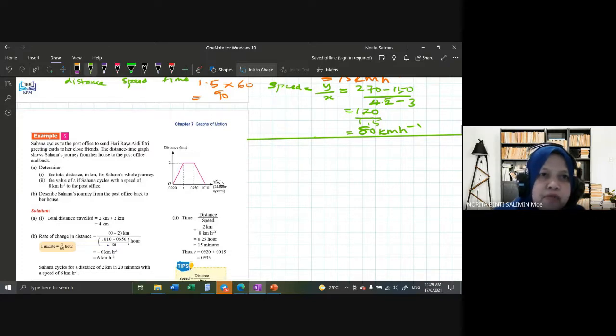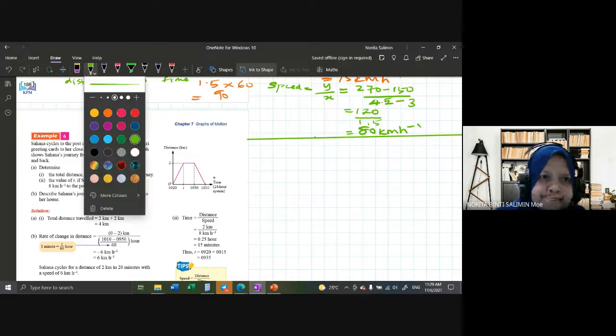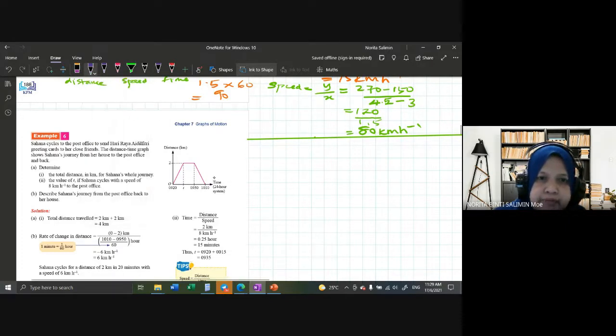She stops here. Then what happened? From the post office to her house, she turned back. Because this is the wrong direction, the gradient is negative, it is in the opposite way, so she turned back.